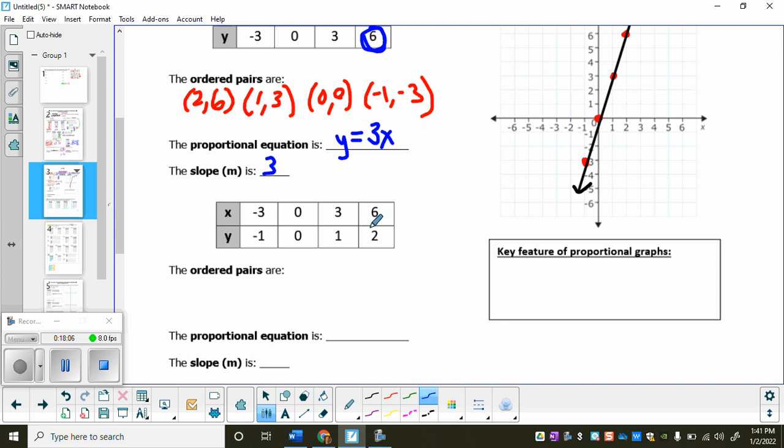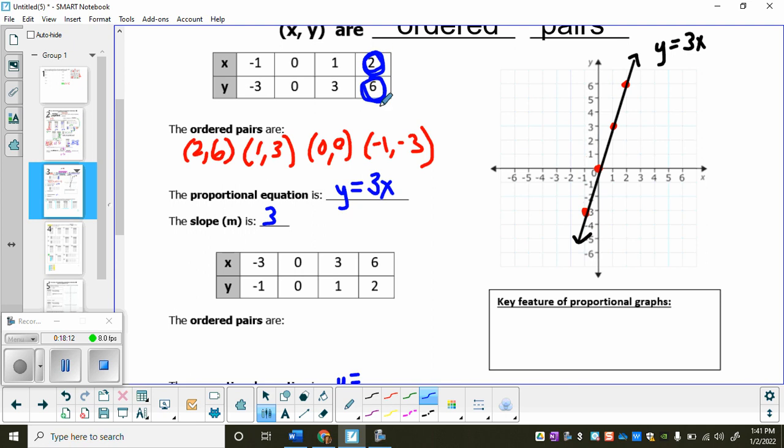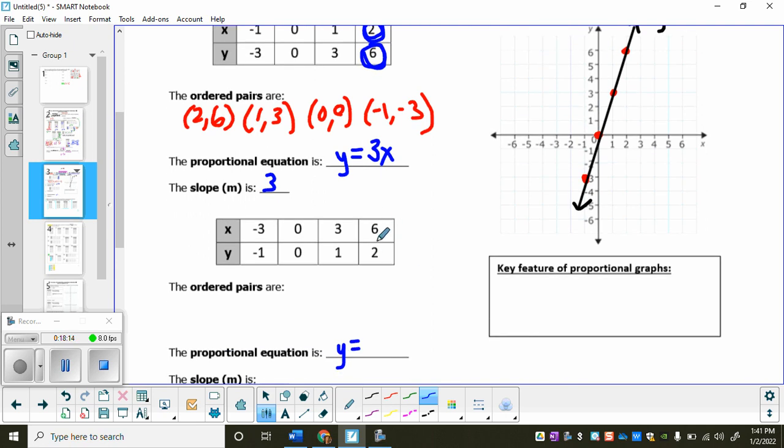All right? Now let's look at another one, the one right below it. This is the one that has division, and I wanted to point out the difference between up top when you do times 3, like this one's times 3, whereas this one's divided by 3. And if we see division in the table, I just wanted to have another example here to show you that it would be a 1/3 x. Okay? So what I'm saying is if I take an input of 6, if I input 6, my x value, and I do 1/3 of 6, my output would be a 2.